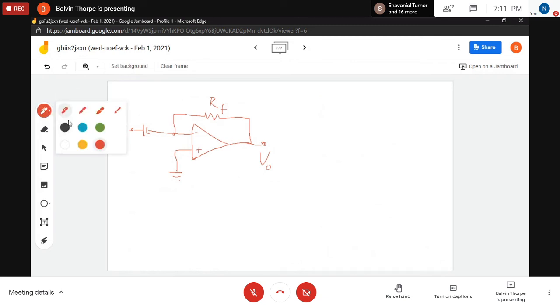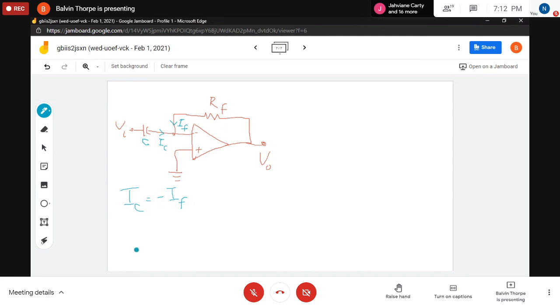Again, because of what we know, these two currents are going to be equal and opposite. So what would be the current, because this is a capacitor? Again, what would be the input current? Well, first of all, this is IC, because it's going across a capacitor. And in this case, this is IF. So therefore, from what we know, clearly, IC is going to be equal to minus IF.